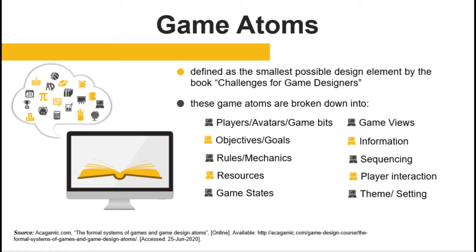While setting is not mandatory for games, many games have some sort of theme that helps players to make sense of information. It is what the game is all about. This can refer to things such as color, theme, story, or narrative. It helps players feel more at home with your game mechanics.